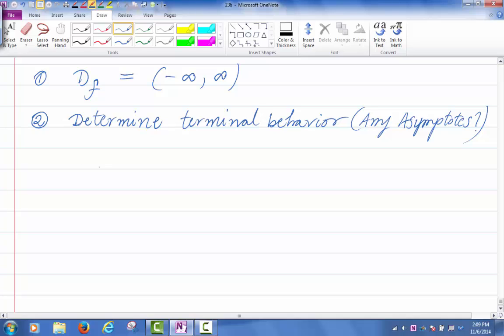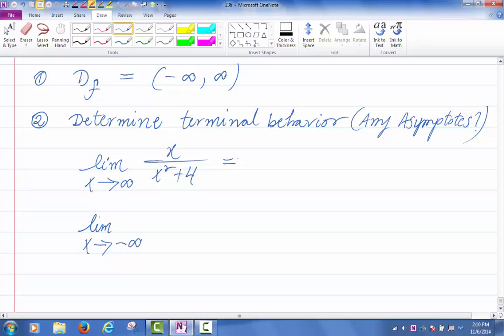That means I want to know the limit of the function as x goes to infinity, and the limit of the function as x goes to negative infinity. The function is x over x squared plus 4. What is the limit as x goes to infinity of x over x squared plus 4? Remember what I said about rational functions.